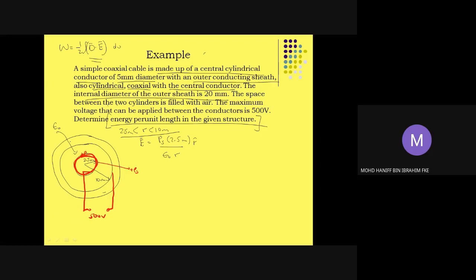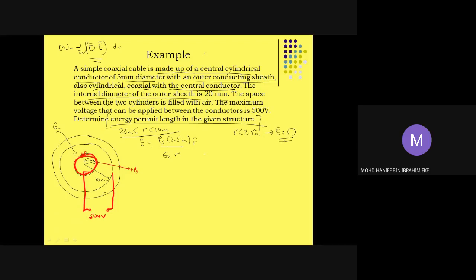So there is no charge inside the conductor; charge exists only on the surface of your conductor. We can say that for r less than 2.5 millimeter, your electric field will be equal to 0.